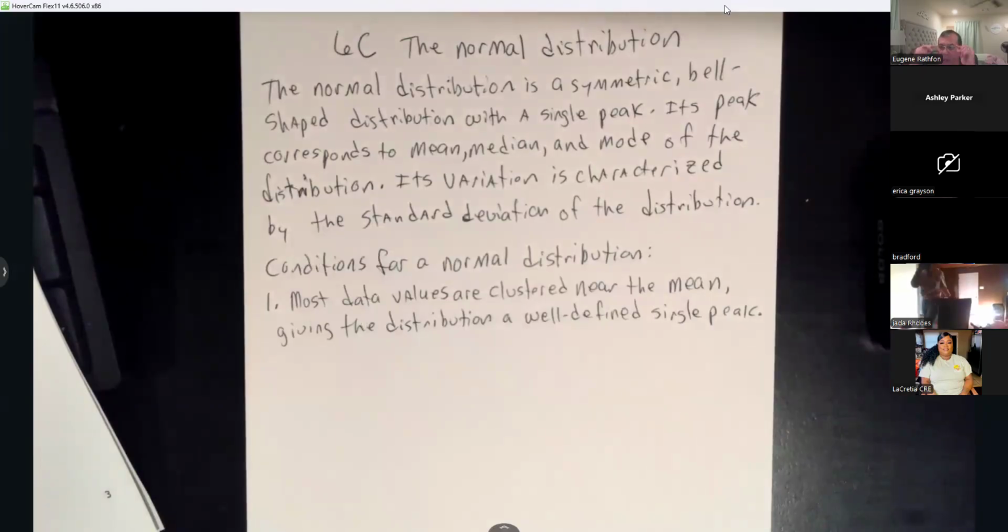Okay, like with the militiamen, most of that data was clustered near the middle. That was what was giving it that big peak for that bell shape, okay?